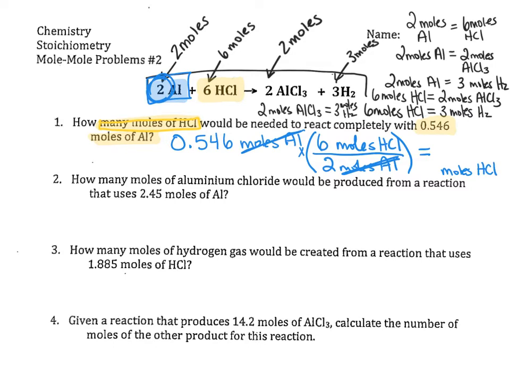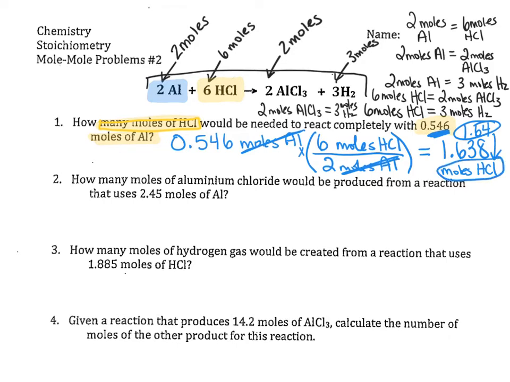Pause the video here, calculate it, and then see if you got the same answer as me. You should have gotten 1.638. We do want 3 sig figs, so I'm going to round that to 1.64 moles of hydrochloric acid for my answer on that one.